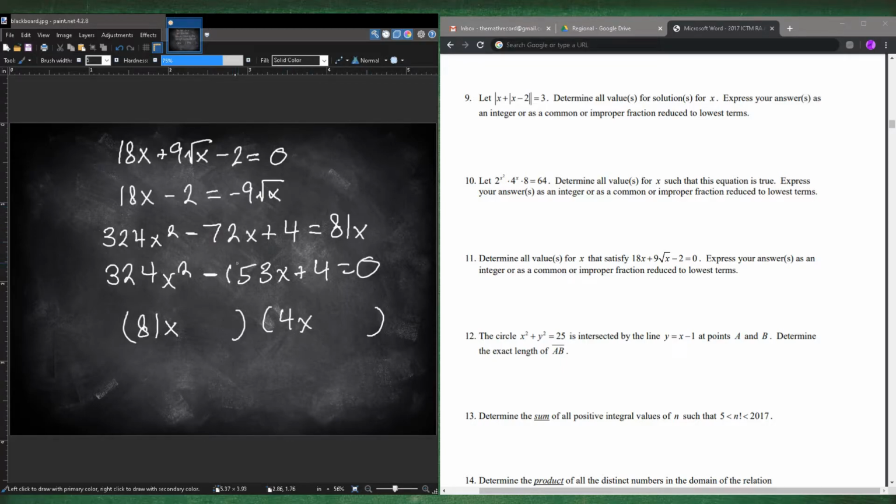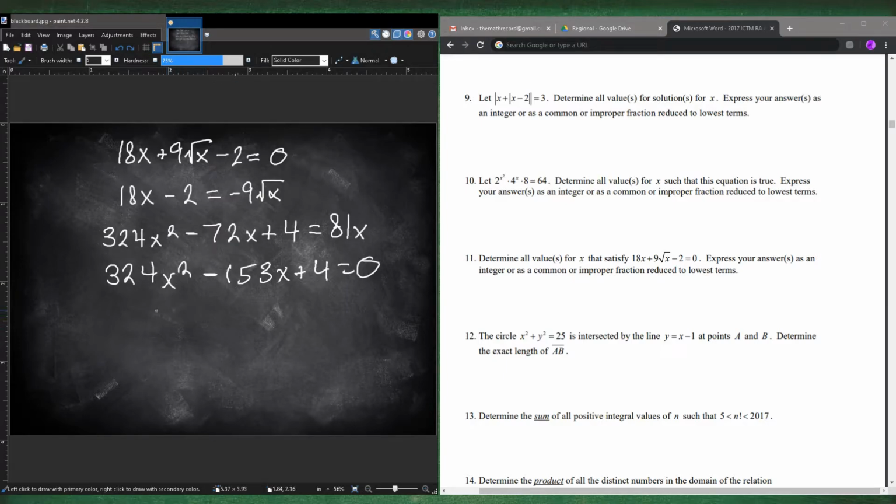So then minus 153. Okay, so that is correct. So if this is an 81, then we have a 4 here. Then if we put a 4 here, that's 324, so that doesn't work. So what is another number we could use?